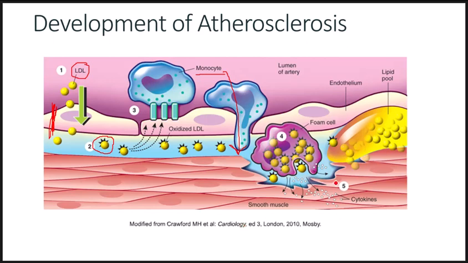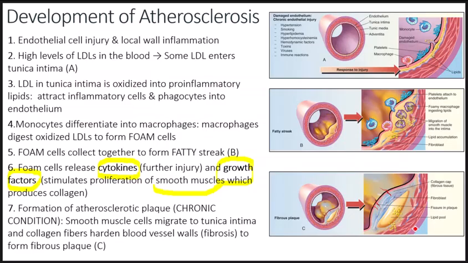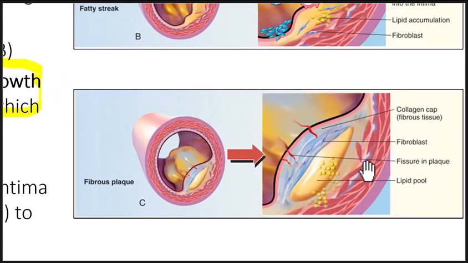And you can see some of that damage here. And also they will produce growth factors. And I'd said that those growth factors will produce smooth muscle, and the smooth muscle will produce collagen. And that's where we get that. You can see the blue here is representing the collagen, which is going to migrate around here and create this fibrous cap.